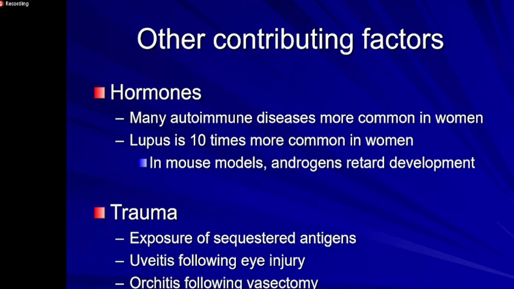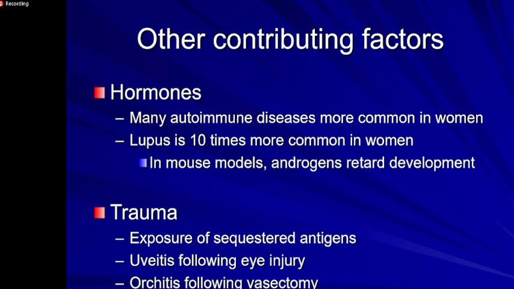Now, trauma is important, especially in areas which have sequestered antigens or privileged sites. We teach you in secondary about privileged sites, where there is a connective tissue which does not allow the antigens within that area to be present in the bone marrow and in the thymus, and therefore the immune system has not yet encountered these antigens.